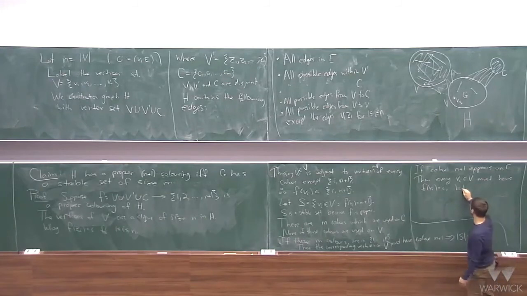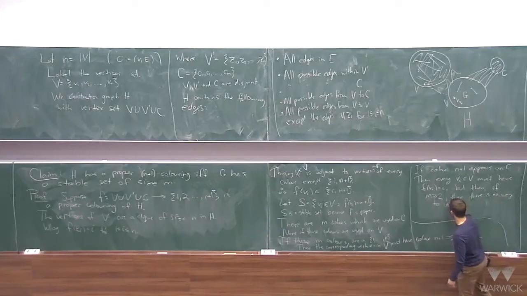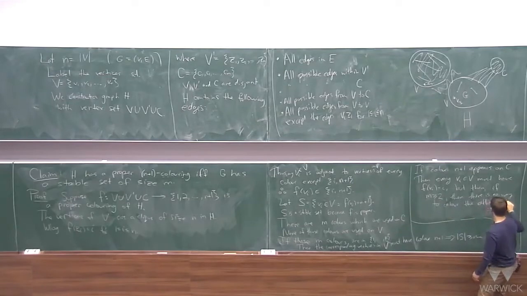But then, if M is at least 2, which we can assume here because it's trivial to find a stable set of size 1, so we might as well assume M is at least 2, then there's no way to color the other vertices in C, because they are adjacent to vertices of every color.